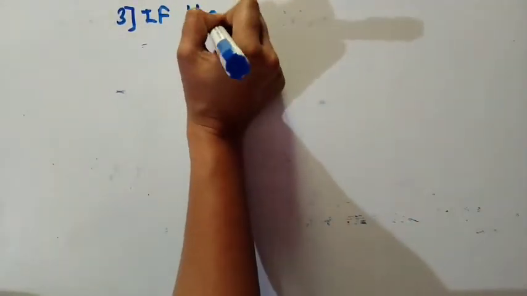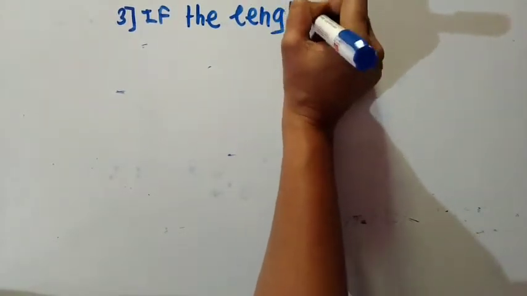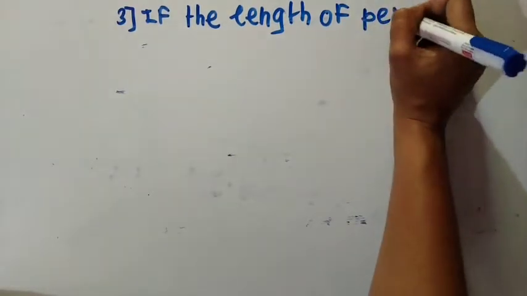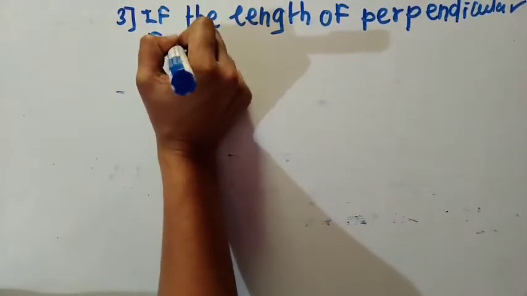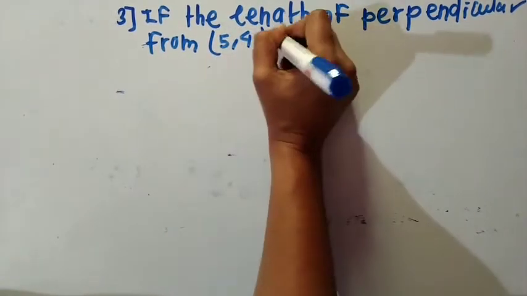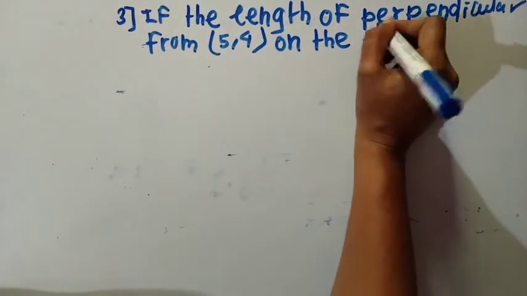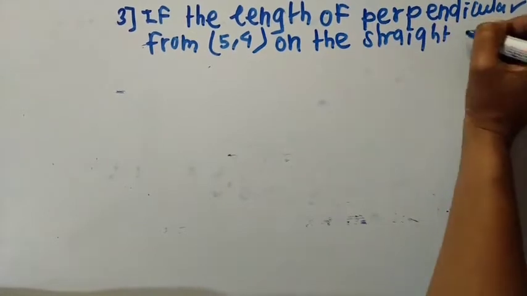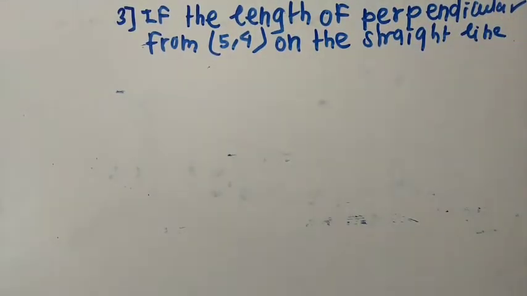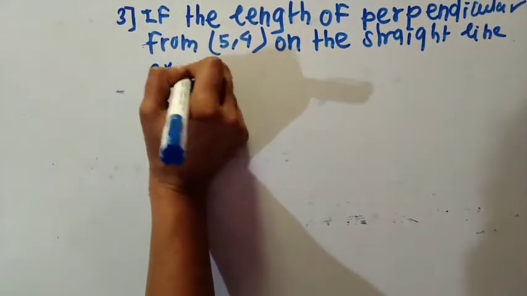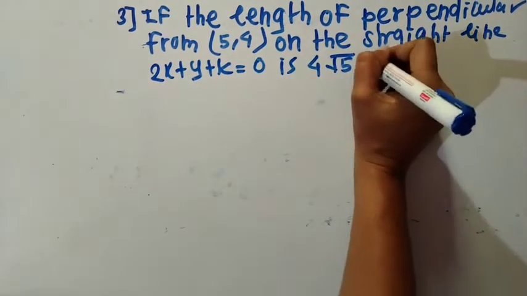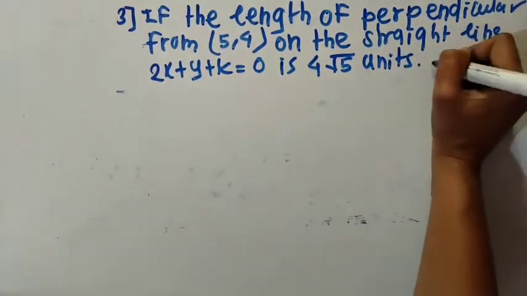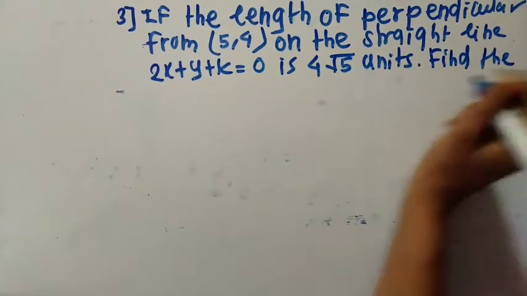If the length of the perpendicular from (5, 4) on the straight line 2x + y + k = 0 is 4 root 5 units, then find the value of k.